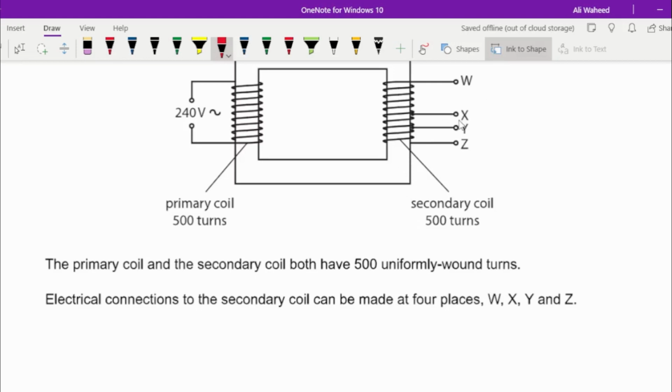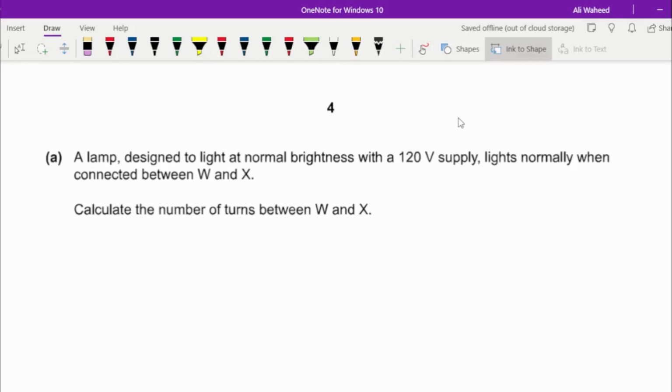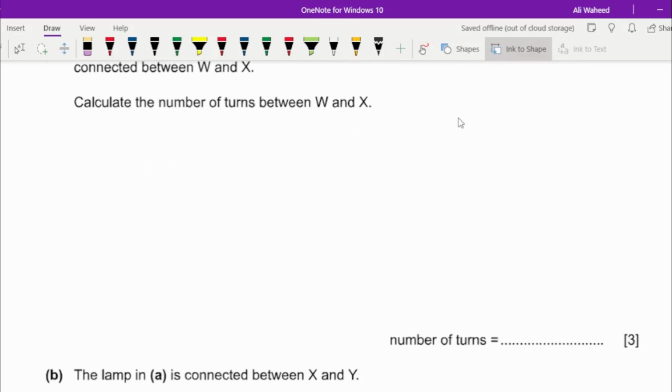For example, if you use the terminals XY, you're not using all 500 turns. You're using only this portion, these many turns, which might be 150. We don't know, but it would be less than 500. Anyway, let's take a look at the question. This is of 3 marks.